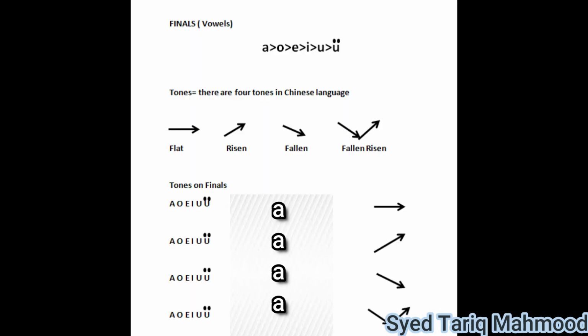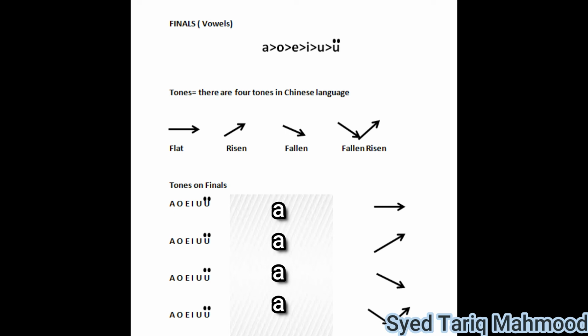Now the tone is on vowel A, and we can say these finals are also vowels. So if the tone is on A, it will be pronounced like this. You have to repeat with me. First tone on A will be pronounced like this, and also use your hands on this.